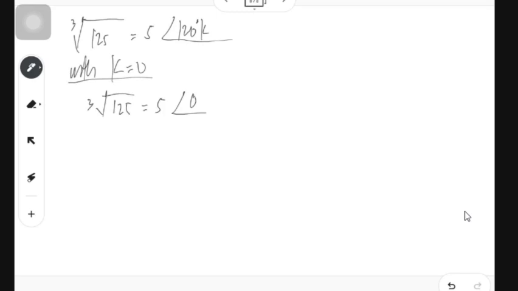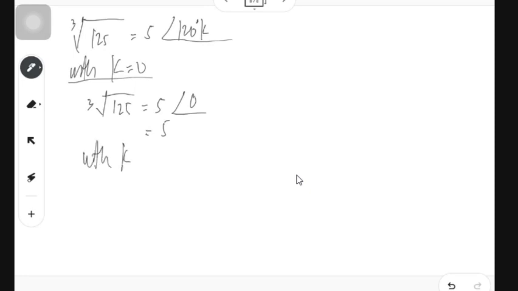If we plot 5 angle of 0, converting polar to rectangular, it is simply 5. Yes. Anything? Do you want to say something? Okay, let's continue. So, the cube root of 125 is 5 angle of 0. Under the rectangular form, it is simply 5. Now, let's have the second root. This is the first root, right?